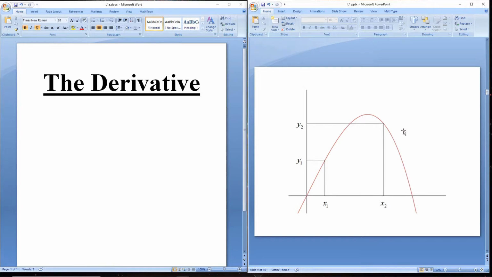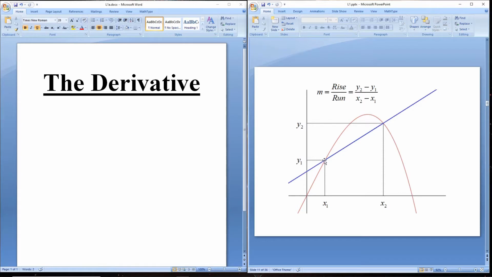And what does this mean then? So this slope, y2 minus y1 over x2 minus x1, what does that mean? Well, it means it's the slope that connects these 2 points.